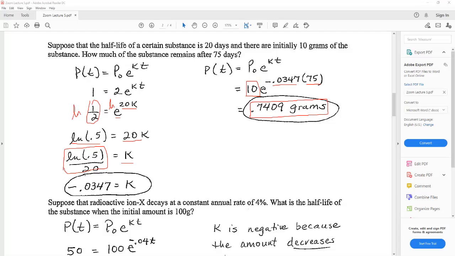It's been a while since I've studied carbon dating, but the principle is the same. In other words, they use a growth or a decay model in order to estimate the amount of time that a dinosaur or person has been dead.